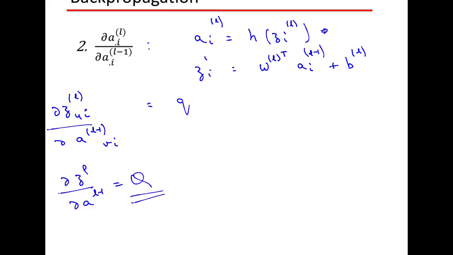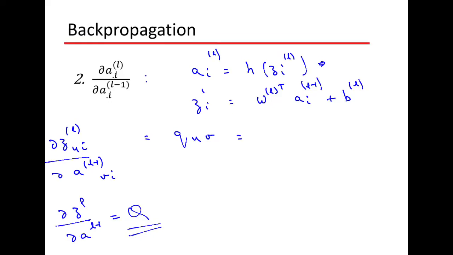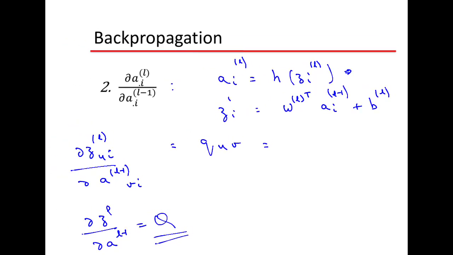I'm looking at u in the numerator, the derivative of the uth component of Z. The components in the numerator make the indices of the rows, and the components we differentiate through make the indices of the columns. So this will be Q_uv, and v is the thing through which we are differentiating. So what is Z_u?